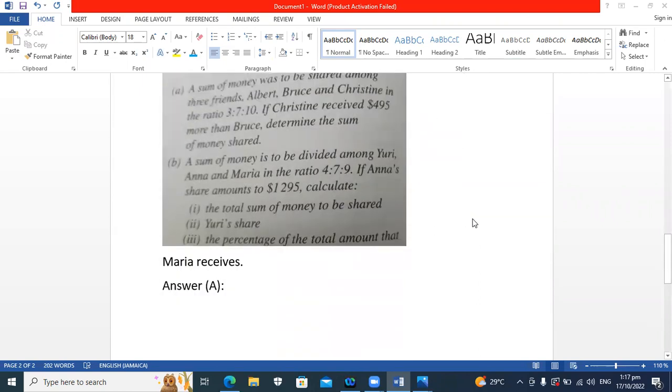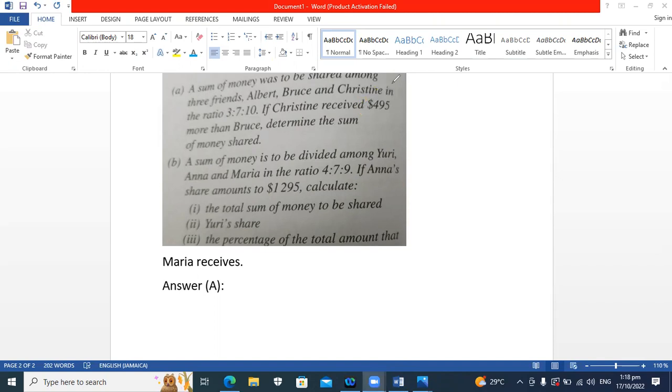All right. So now that we know Christine gets $495 more than Bruce, and we cleared up the fact that Christine doesn't have this amount, that's very important. She doesn't have that amount in total. She has that amount more than Bruce.